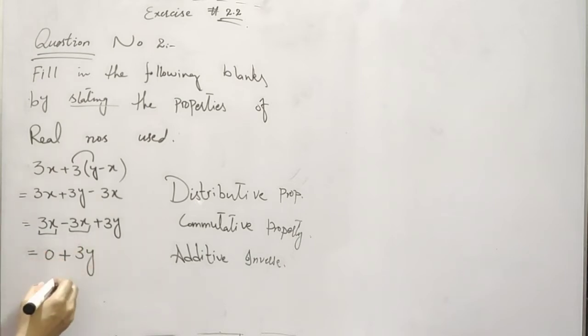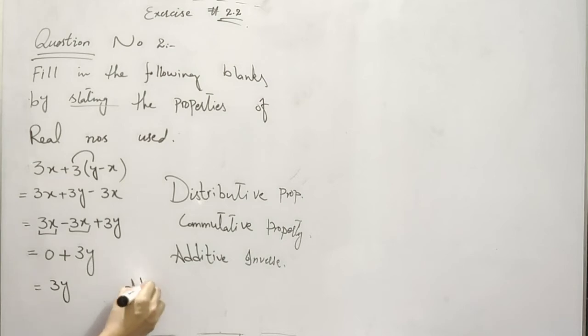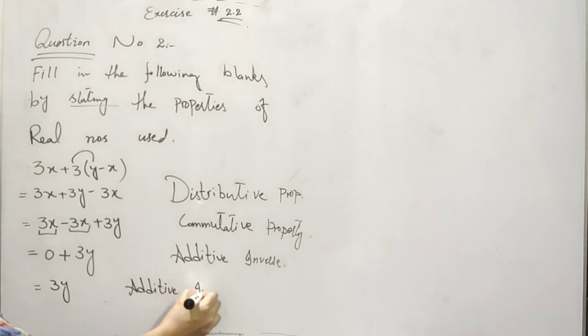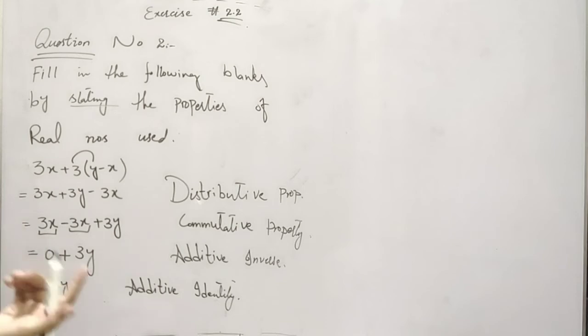Now 0 plus 3y will be 3y, and this is the additive identity property. Okay, so we solved the second question.